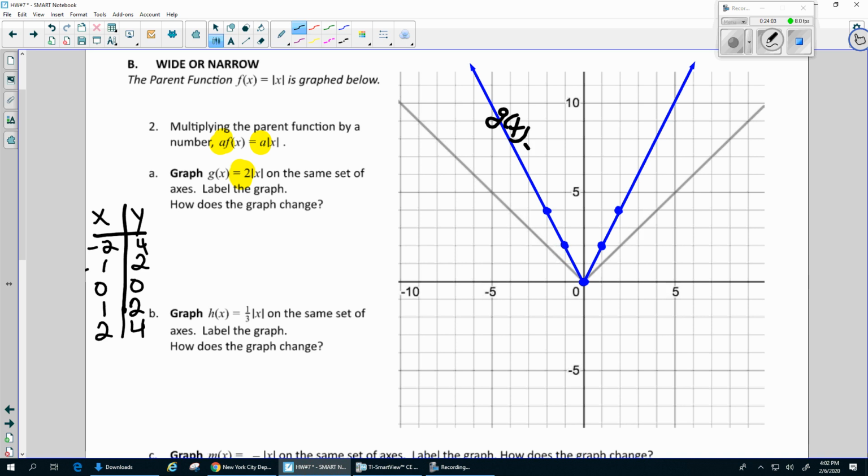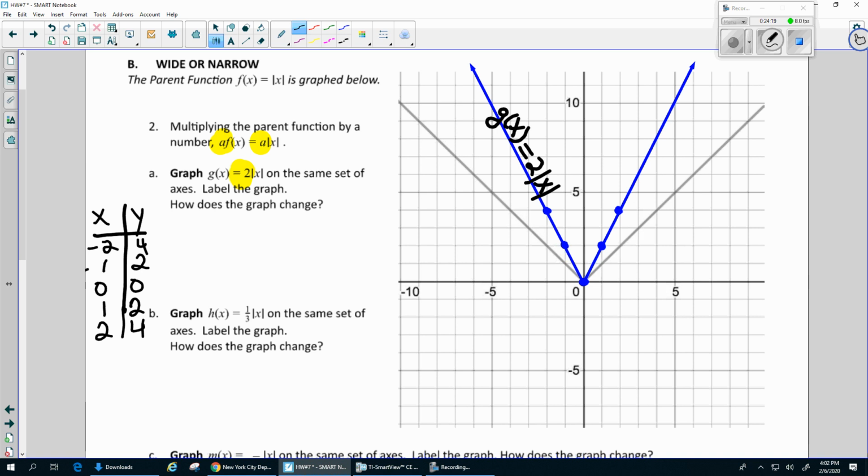And that equals the absolute value of x. So how does the graph change?